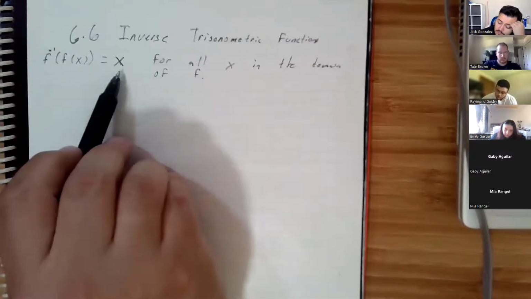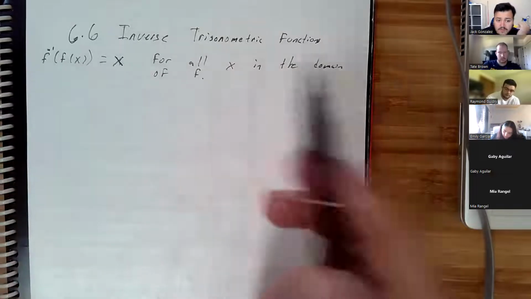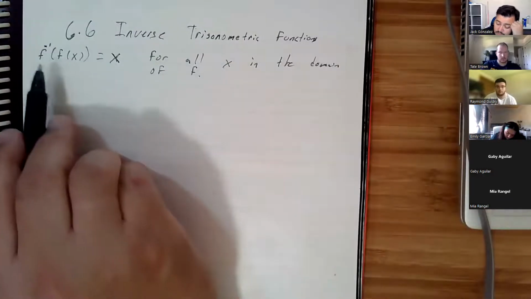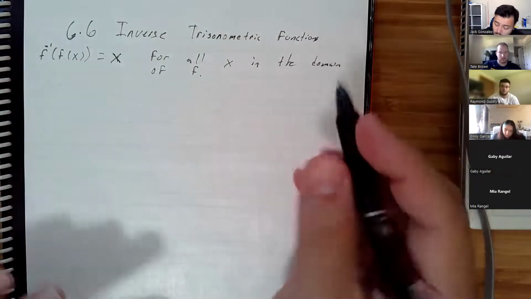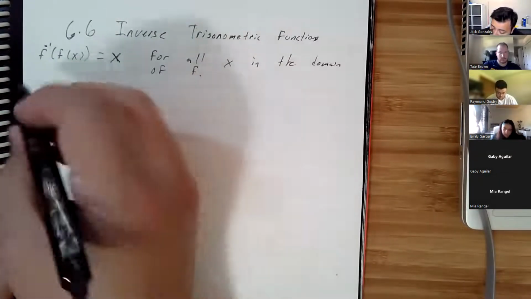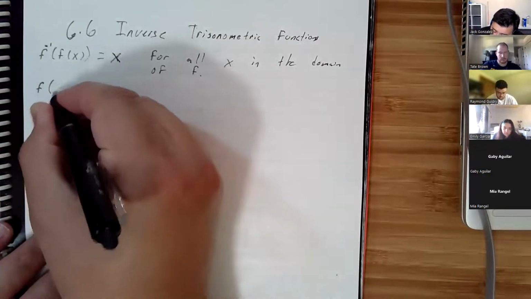So this needs to be true for all x in the domain of the inside function. If that's the case, then f and f inverse are truly inverses of each other. This needs to happen for them to be inverses. If you had two different functions, it has to happen both ways.